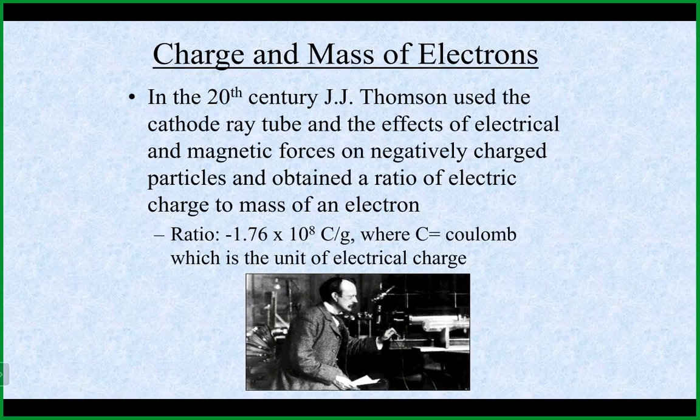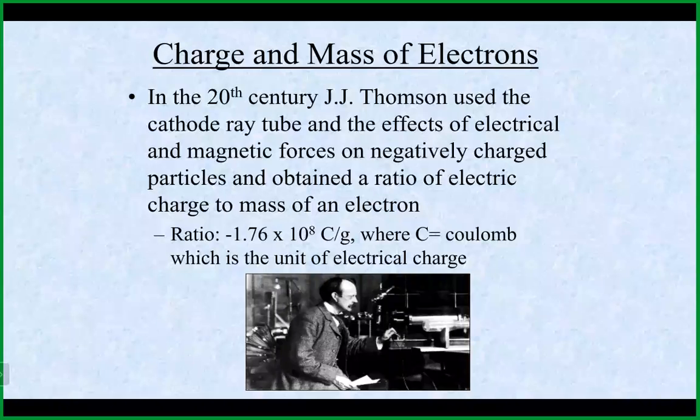So he was able to determine the charge to mass ratio of an electron. The first really main understanding of an electron was done by Thompson. He used the CRT tubes and was able to figure out the charge to mass of an electron.